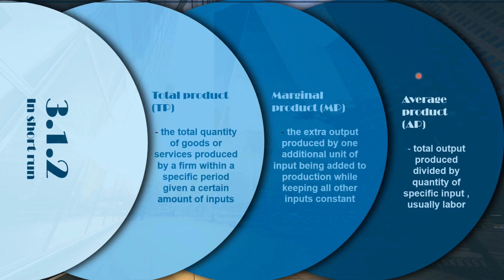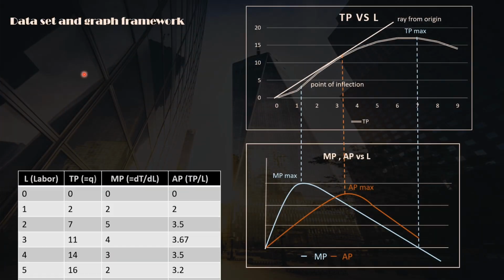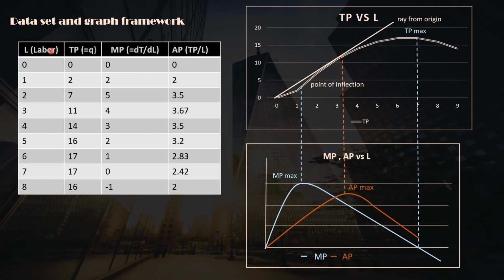Now let's talk about AP, average product. It is the total output divided by the quantity of a specific input, usually labor. So now let's move to the next slide. Now we can see the dataset and graph framework.